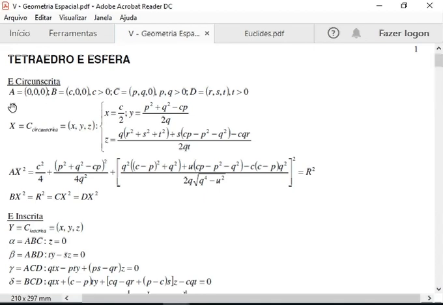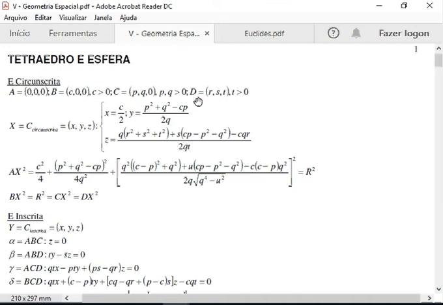And we put 3 axes, x, y, and z. We put our triangle in a way that A is (0, 0, 0), B is (c, 0, 0), and c is greater than 0. It's possible. Then we choose the coordinates of C: (p, q, 0), where p and q are greater than 0. That's possible.